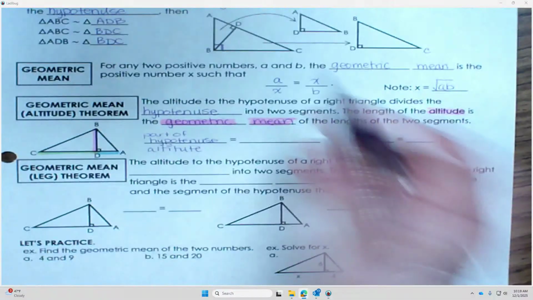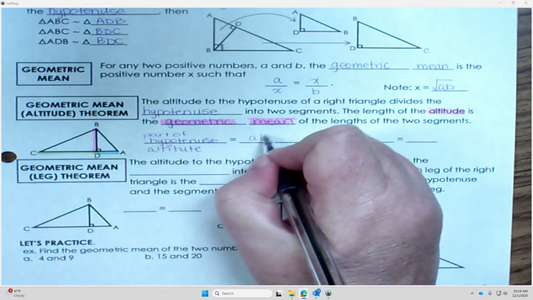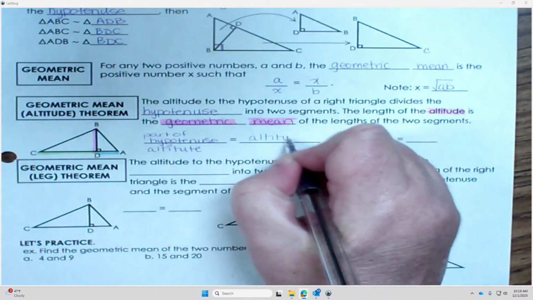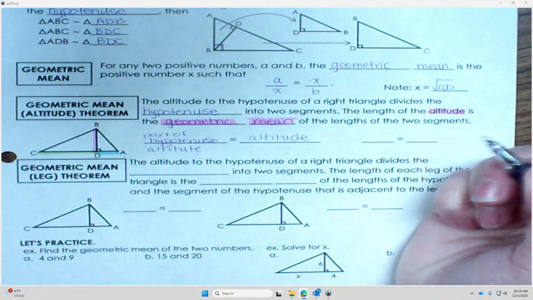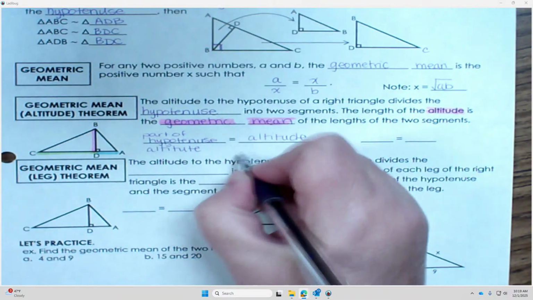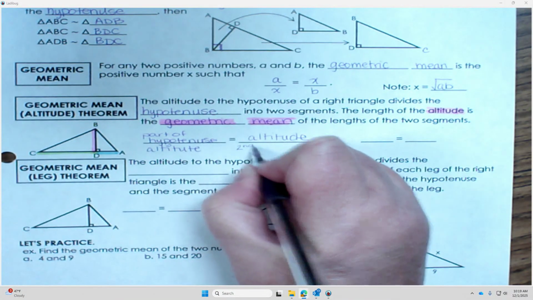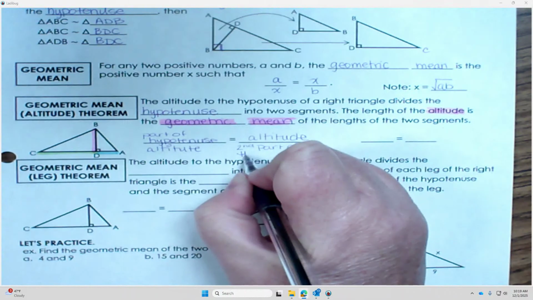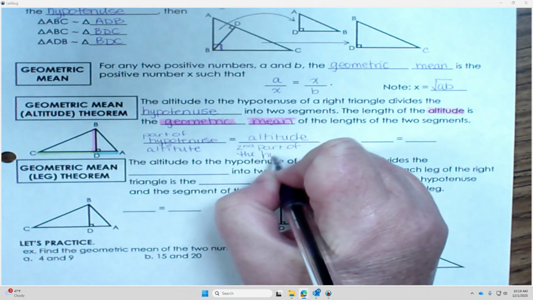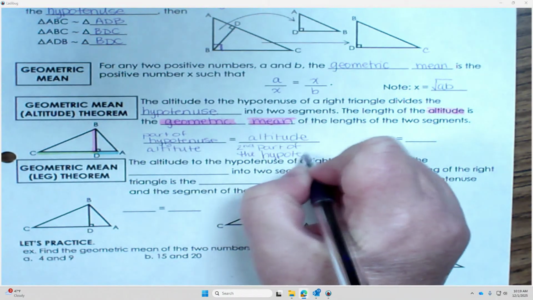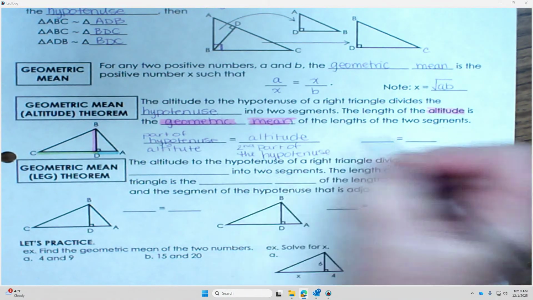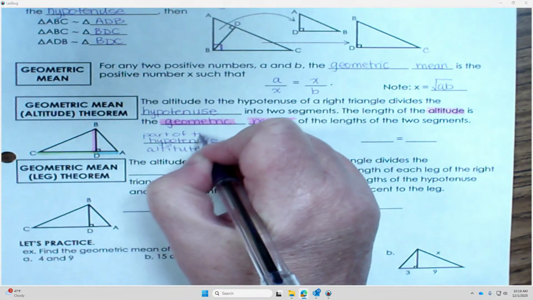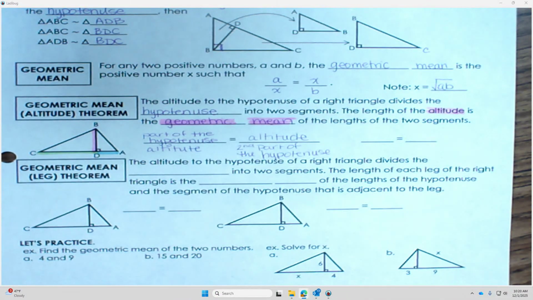And then we're going to put, once again, the altitude up here over the second part of the hypotenuse. Let me make it grammatically correct: part of the hypotenuse.